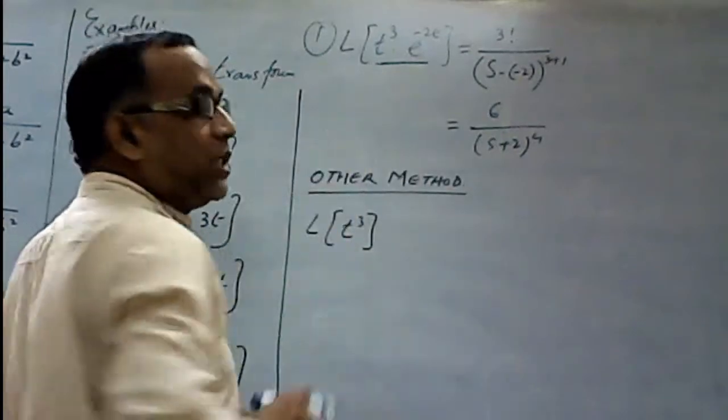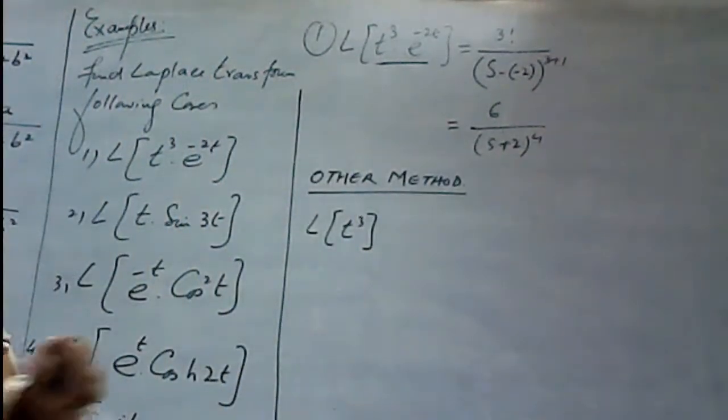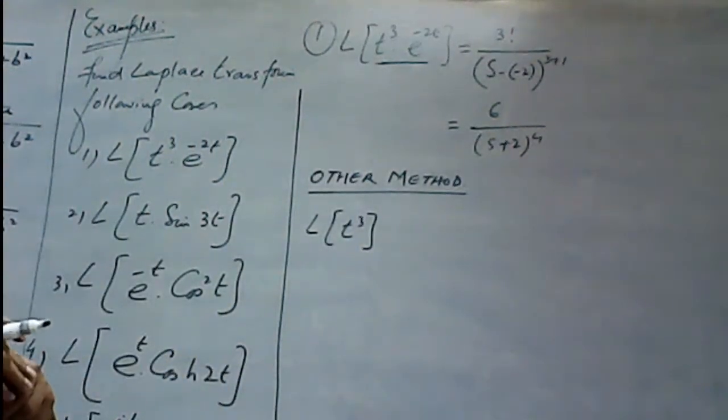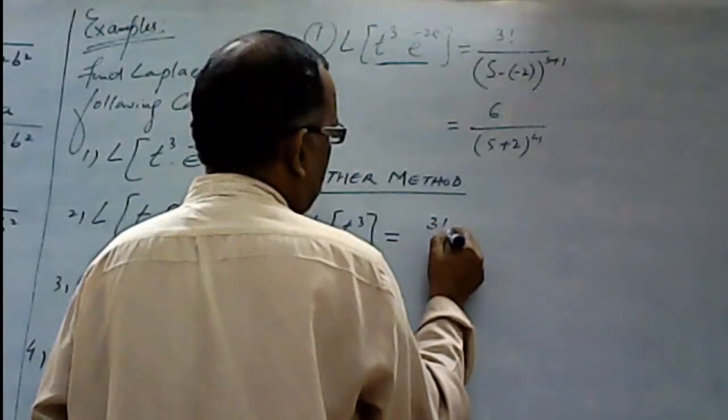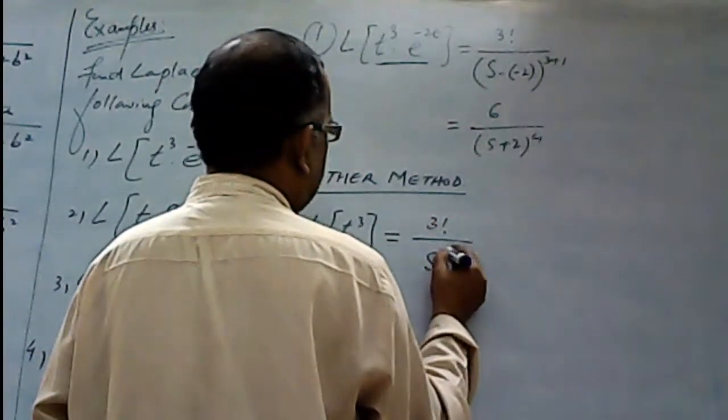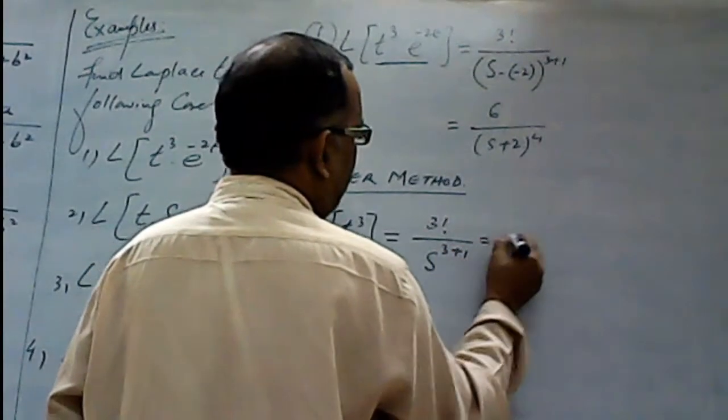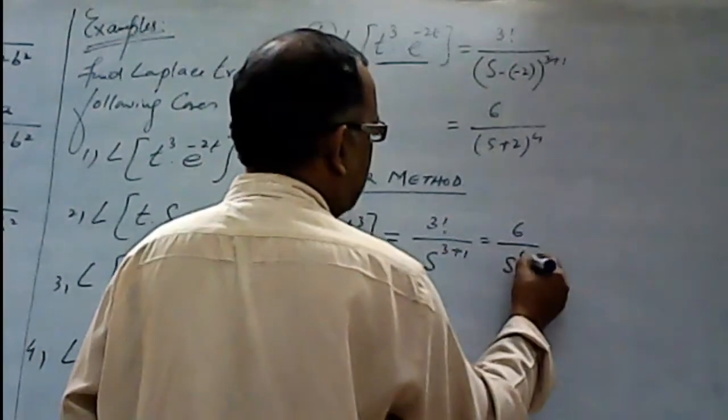Without the exponential, find the Laplace of the remaining term. We know that Laplace of t cube will be equal to 3 factorial upon s power 3 plus 1, meaning 6 upon s power 4.